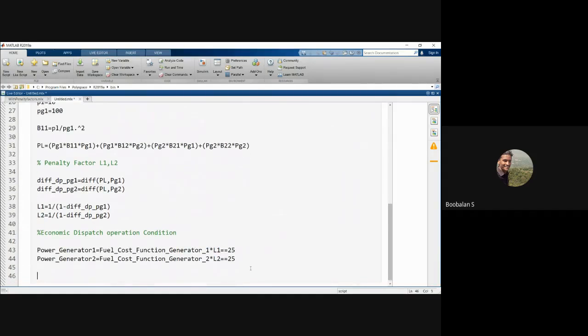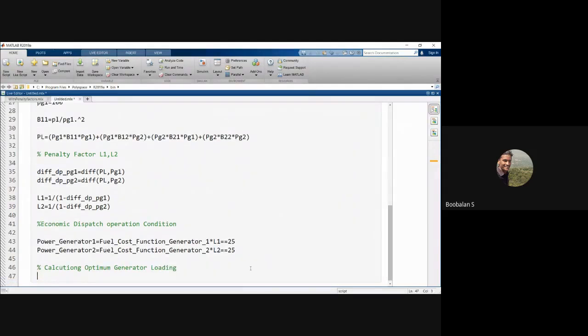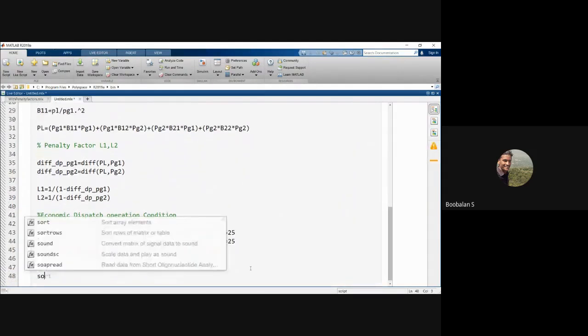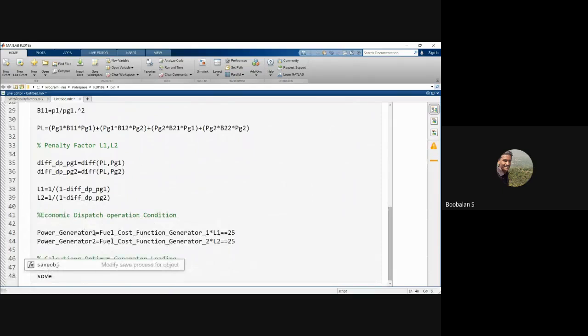Now it's time to calculate the optimum generator loading. So now I need to use the solve function. What am I going to solve? This entire equation.